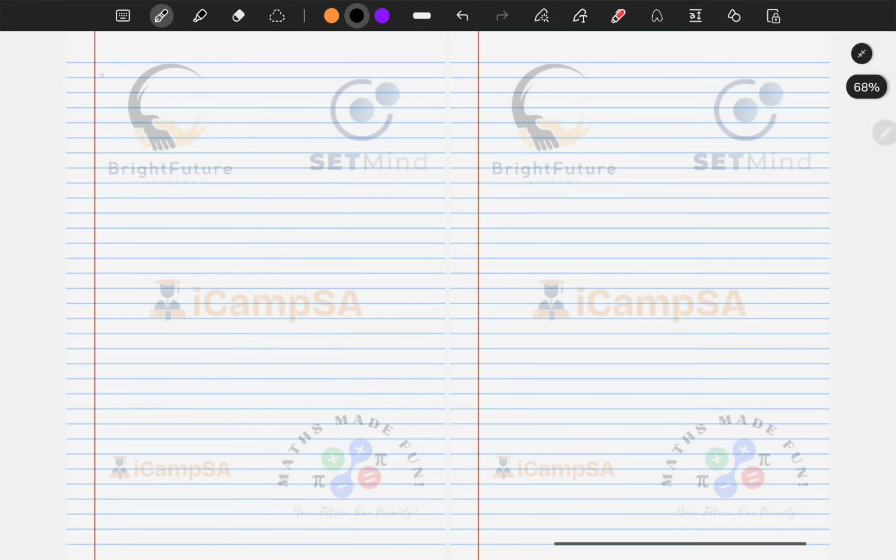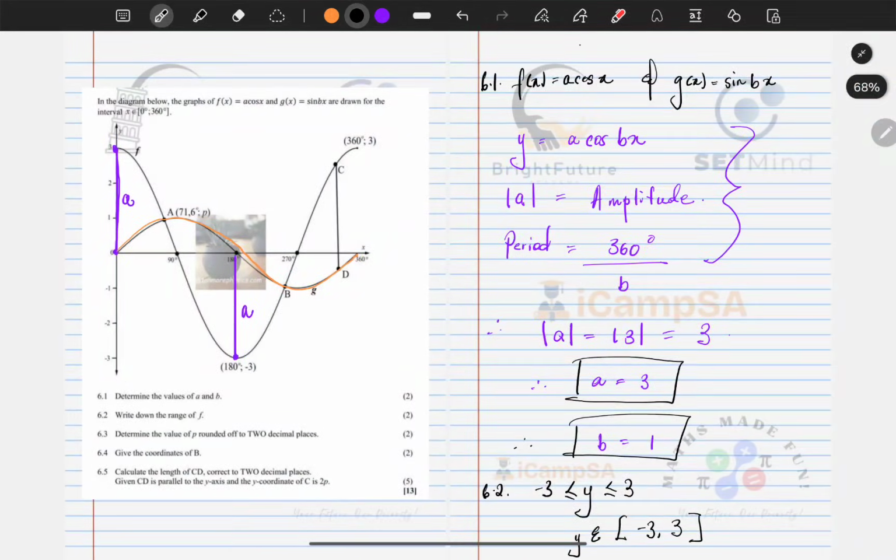So the next question, which is going to be 6.3. Determine the value of p rounded to 2 decimal places. The value of p. So p is a point on f of x or g of x. So I can choose any, right? I have a point and I know the value of x at a, right?